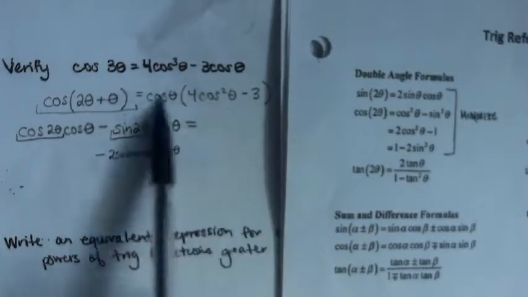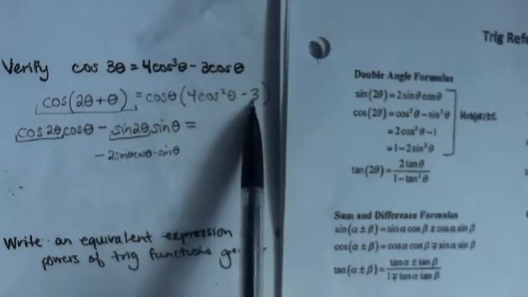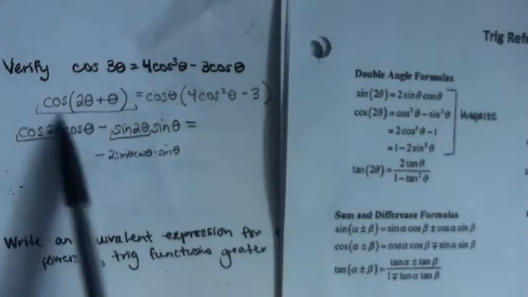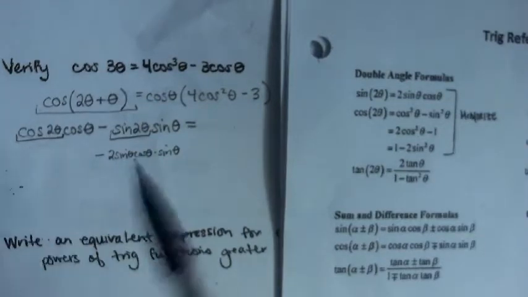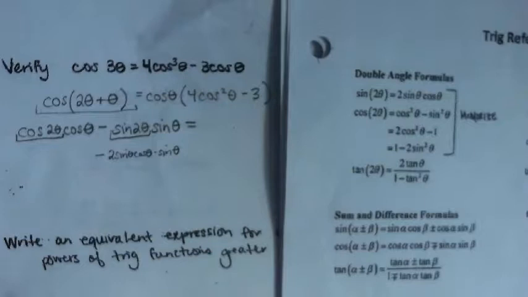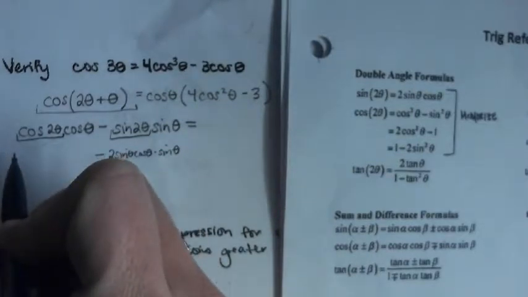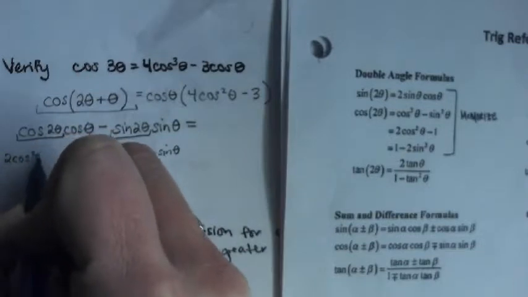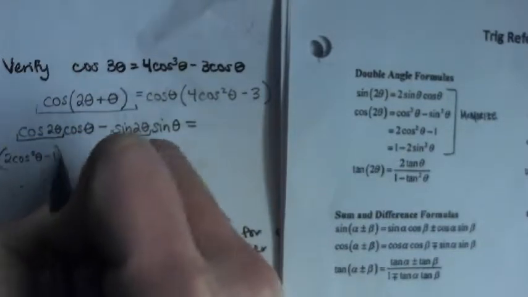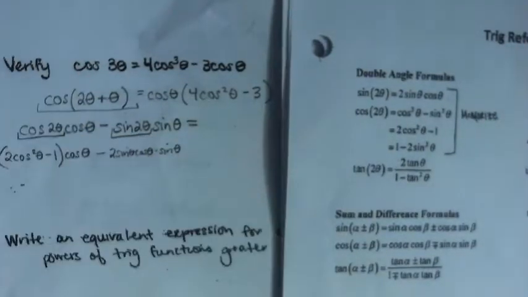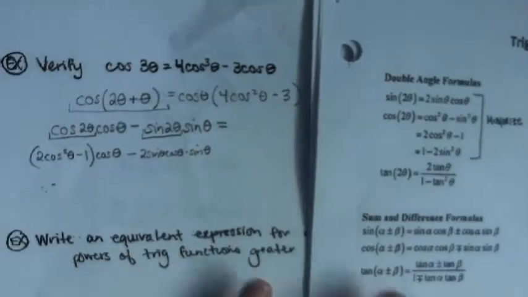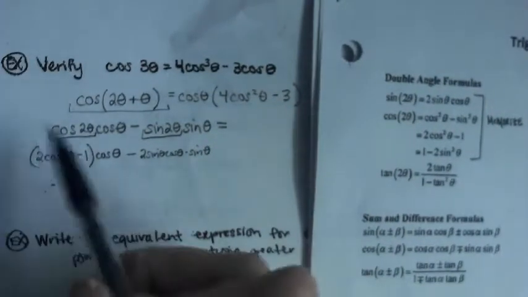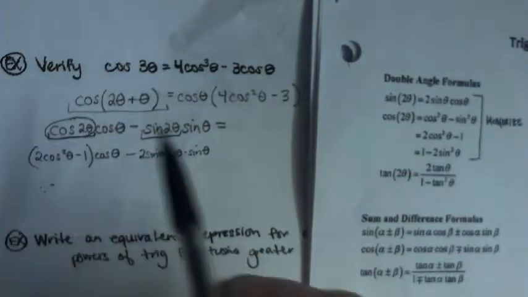Your entire right-hand side is all cosines. So maybe we want to keep this all cosines as much as we can. I think it's a good idea. That's probably the one I would go with. So I'm going to replace that with 2 cosine squared theta minus 1 times the cosine theta that was there. Okay, so I'm going to circle what I subbed out.